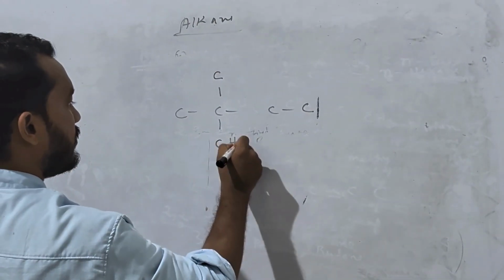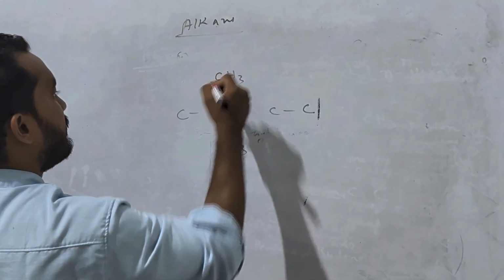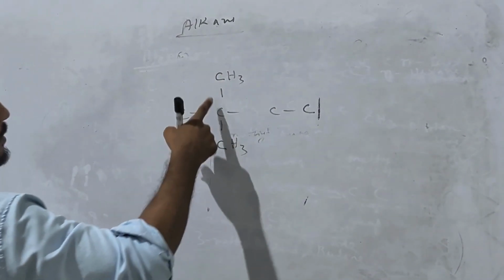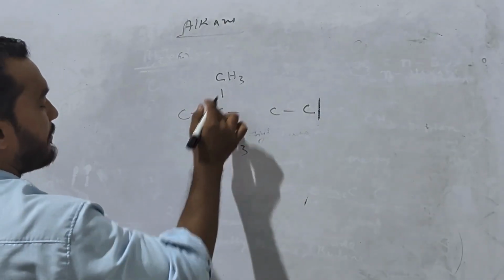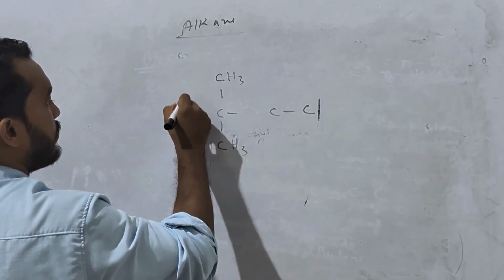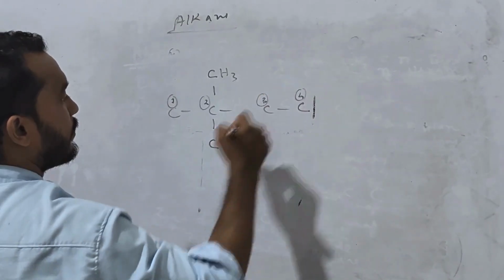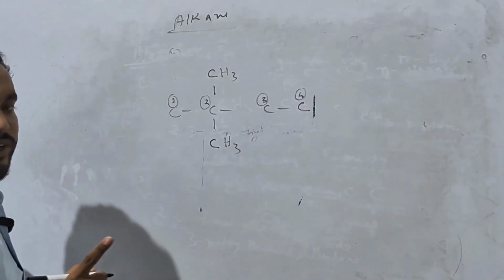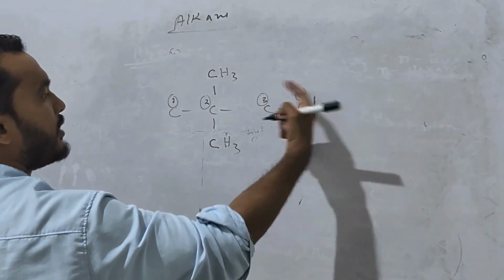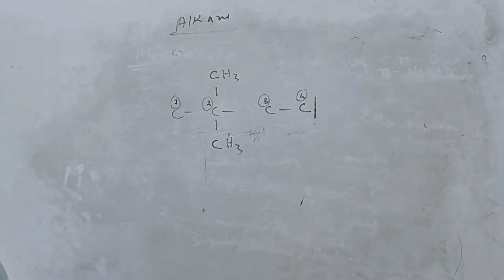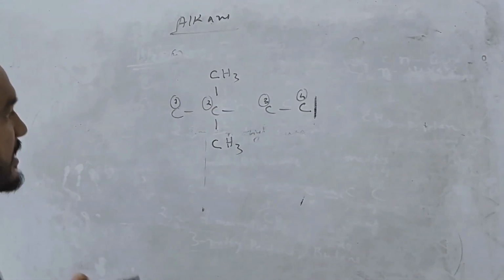This is now a methyl. Now these 2 methyls are at the second position in the carbon chain. This is number 1, 2, 3, 4, because always I have to choose the lowest one. If I count from right to left, 1, 2, 3, that means both the methyls will be in third position of the carbon chain. So always we select the lowest one.